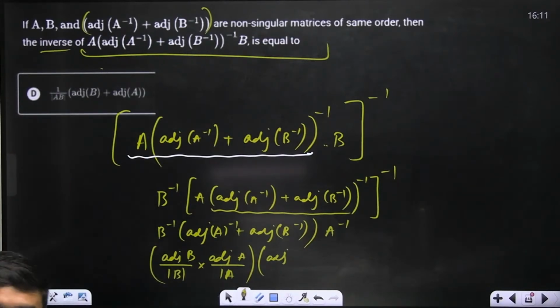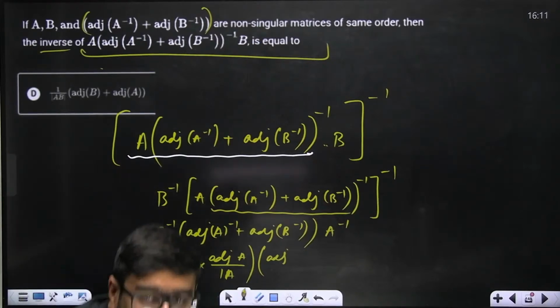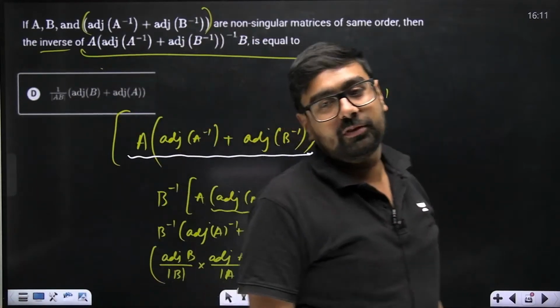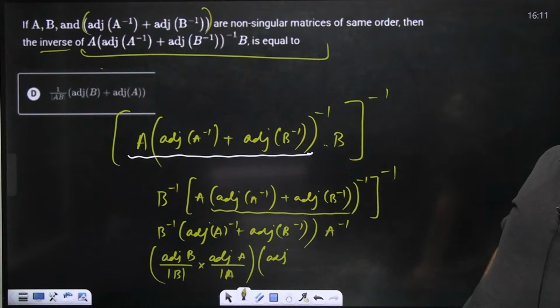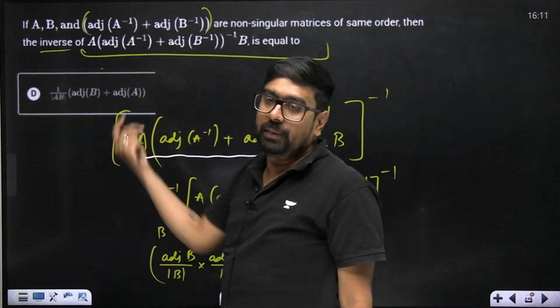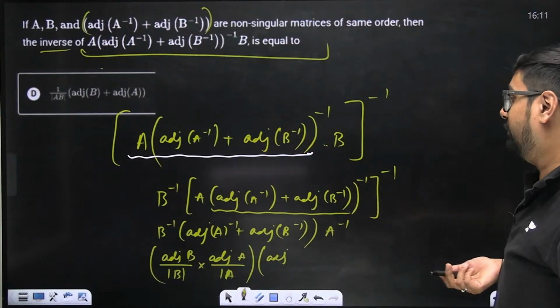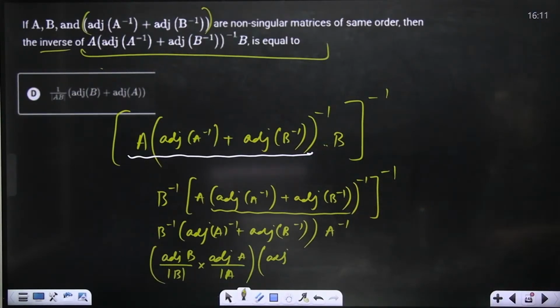Clear? The answer is already written. Only one property is being used, but they made it look complicated. Here the only game was of these brackets. If you pay attention to these brackets, this is nothing but AB whole inverse equal to B inverse into A inverse. Without any trouble, you will be able to do this question.